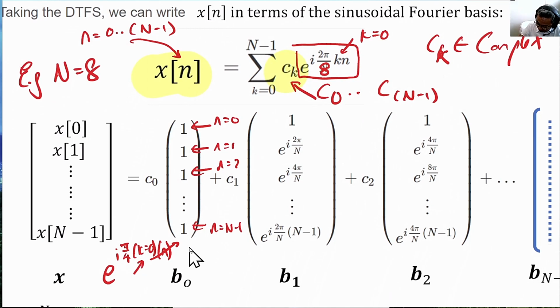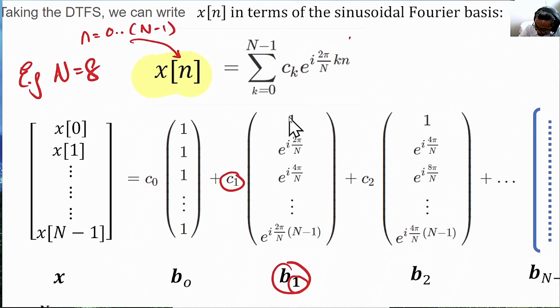What about the second column? The second column, we call it b_1, associated with c_1. I'll highlight, now k is equal to 1. Big N remains 8, so this is still pi over 4. And small n will go from 0 to, in this case, 7.